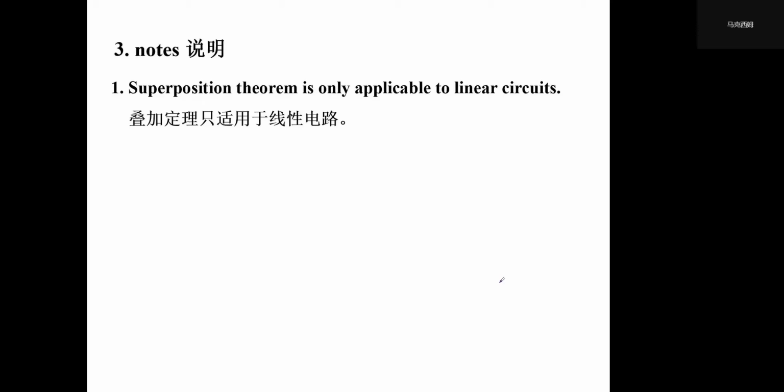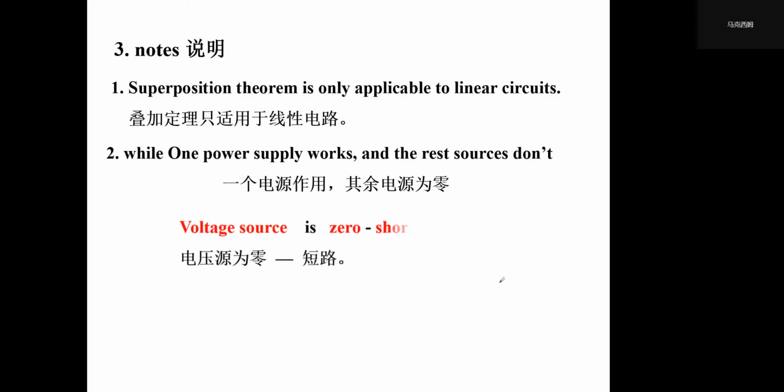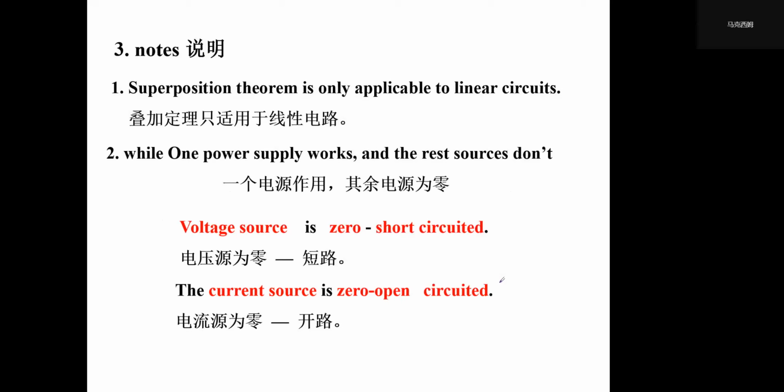And when one power supply works, we set the rest of the other sources to zero. If the rest sources are voltage sources, we short-circuit them, and if the rest sources are current sources, we open-circuit them.